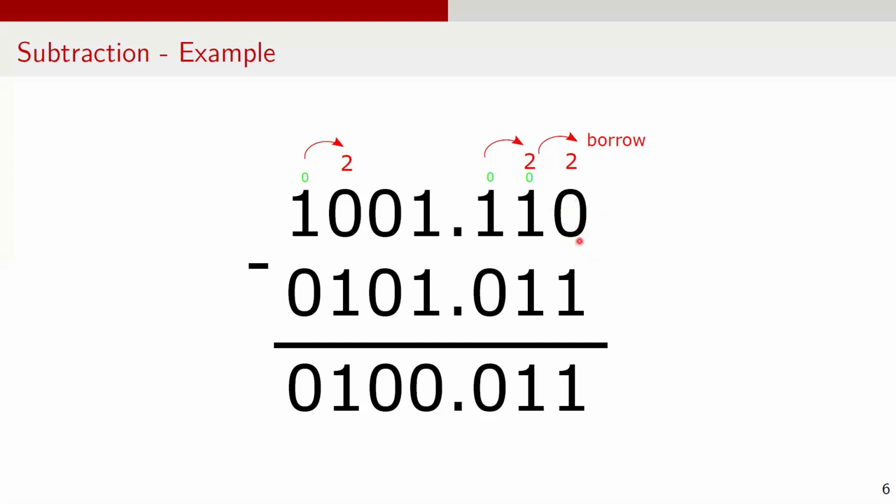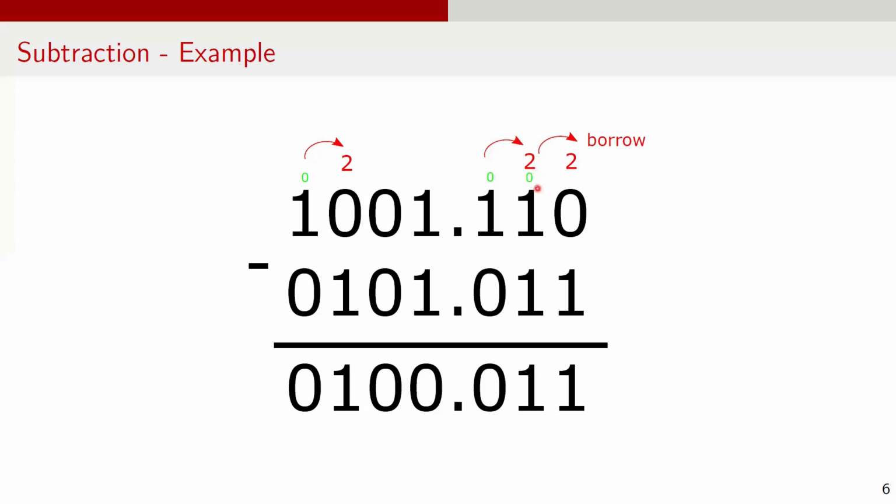We have to subtract 1 from a 0. To do that, we borrow a 1 from the next higher bit. Since the base is 2, we get a 2 over here. 2 minus 1 is 1. After borrowing 1 from here, we are left with 0. We have to subtract a 1 from 0, so we do borrow again.